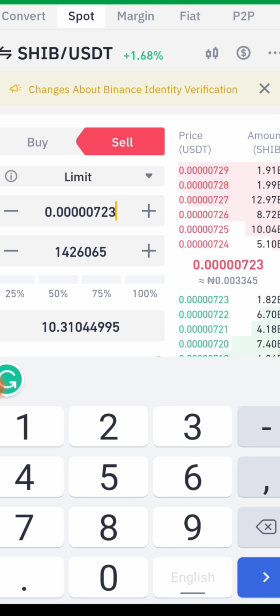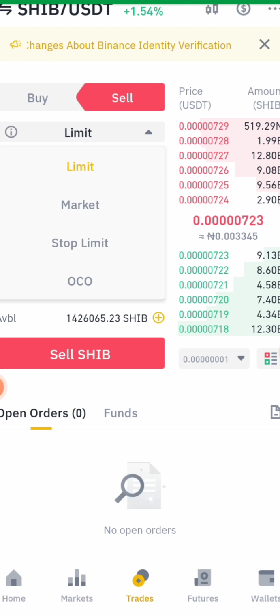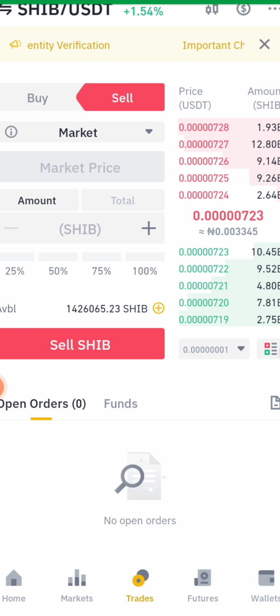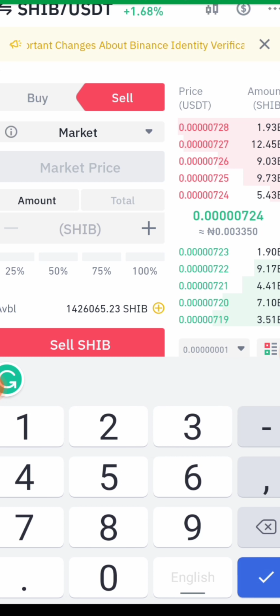Okay, if you want to transact using market order, click this place, select your market order. With market order, put any price, any amount, the amount of the coin that you want to buy, you want to sell rather. Let's say 80 SHIB or 800 SHIB.